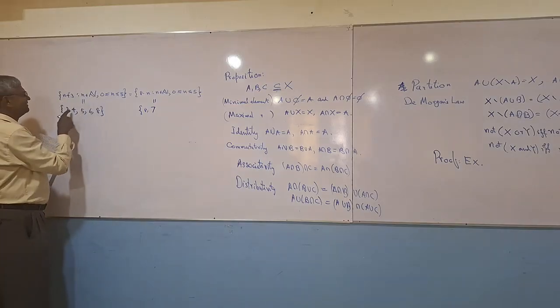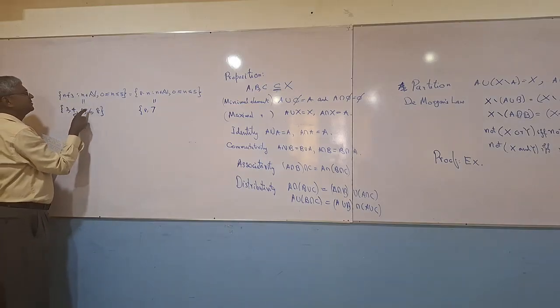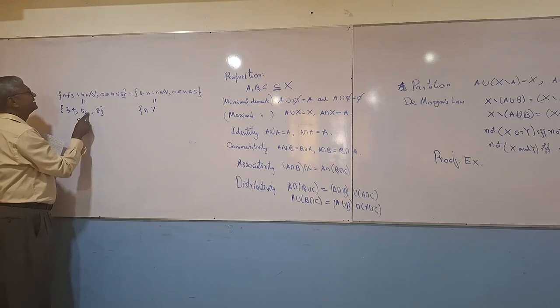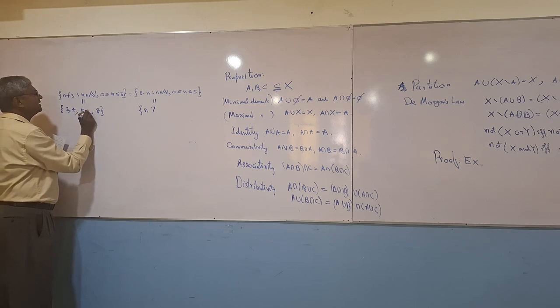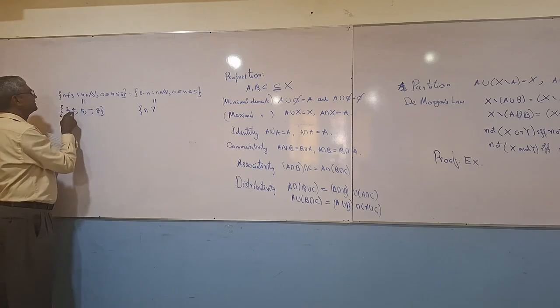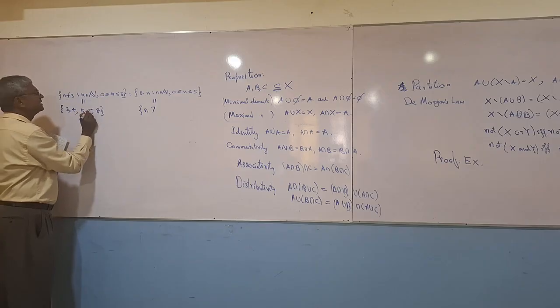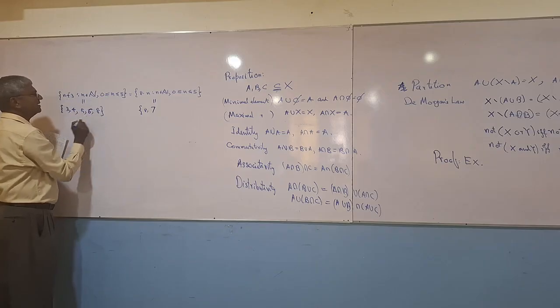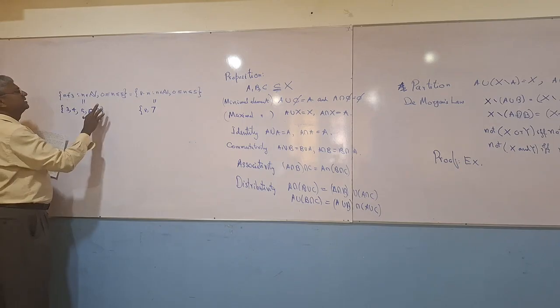When n is equal to 0, it is 3, then 3, 4, 5, 6, 7. 0 plus 3 is 3, 2 plus 3 is 5, 3 plus 3 is 6, then 8, right? 6, 7, 8.